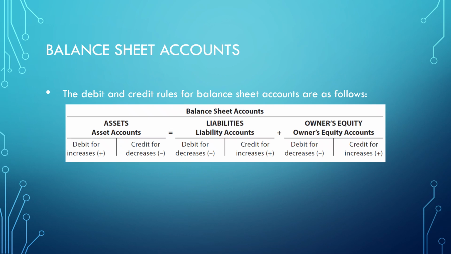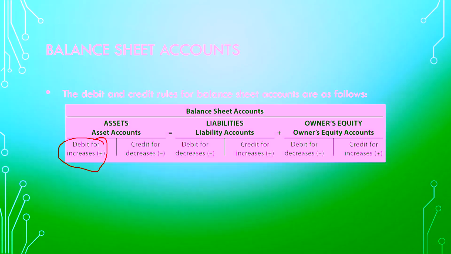For balance sheet accounts like the assets, liabilities, and owner's equity, these are our rules. For assets, its normal side is the debit side, or that is its increase side.